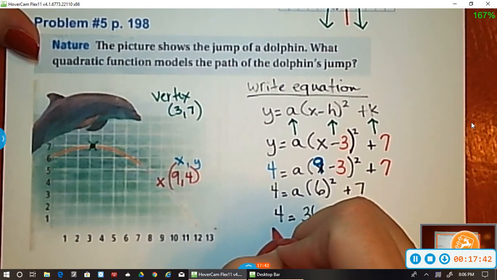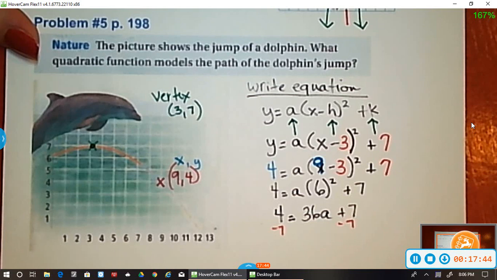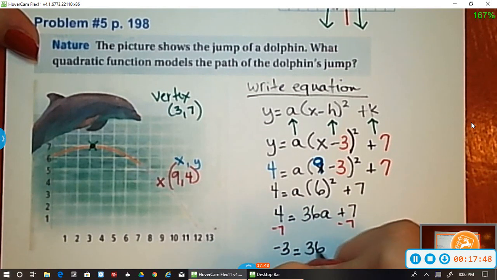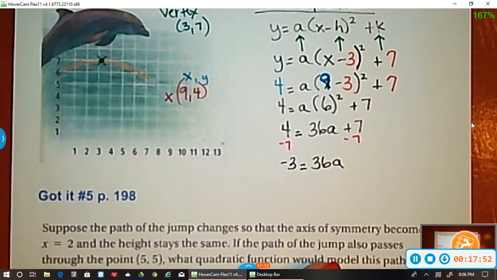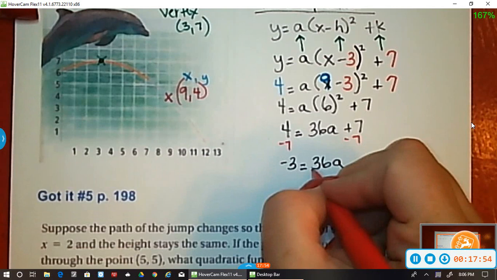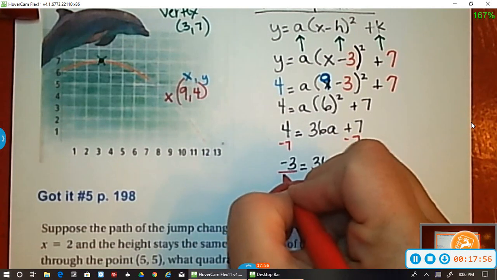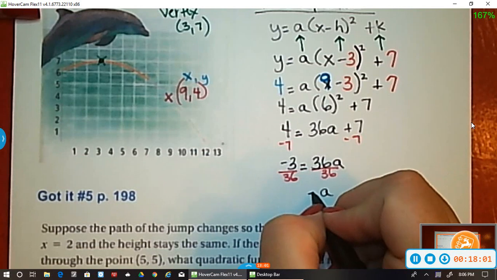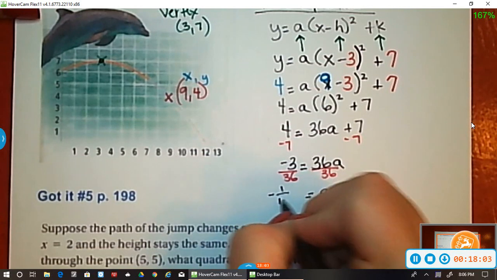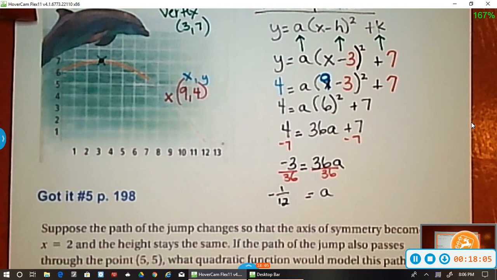Subtract 7 from both sides, and I get negative 3 equals 36a. Now divide both sides by 36 and reduce. So a is equal to negative 1/12.